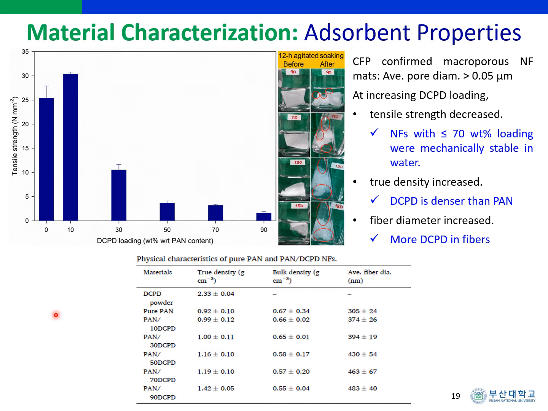Nevertheless, no significant physical disintegration by hydrodynamic shear stress was observed for PAN-DCPD nanofibers with less than or equal to 78% DCPD loading during agitated soaking in water, unlike those with greater than or equal to 98% DCPD loading, as shown in these actual images, before and after 12-hour agitated soaking of the nanofibers.